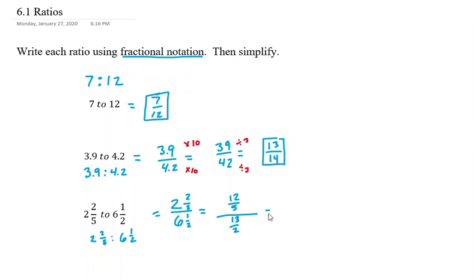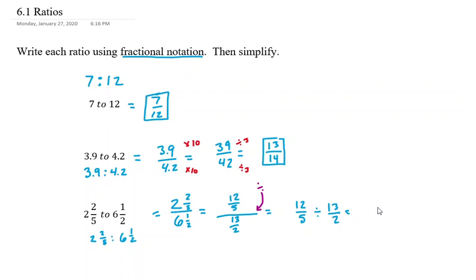We need to remember the rules for dividing fractions, and that's the key idea here: this fraction bar, and all fraction bars, mean divide the top by the bottom. So we can rewrite this as 12 fifths divided by 13 halves. It means the same thing.